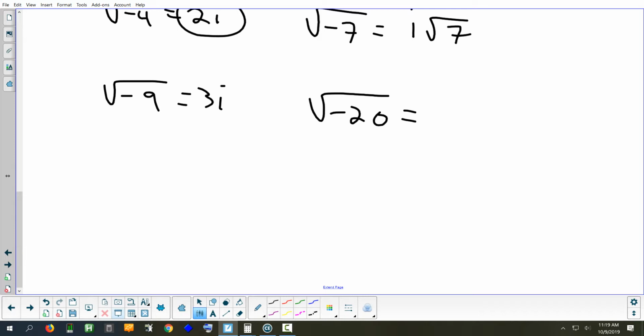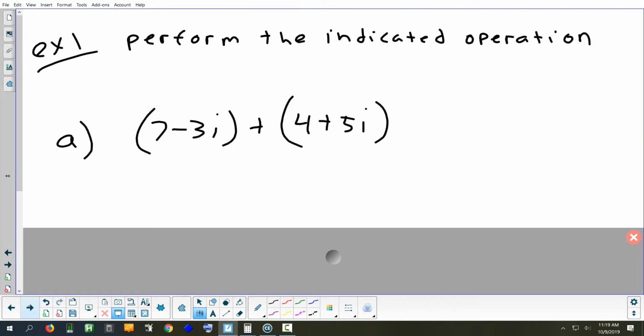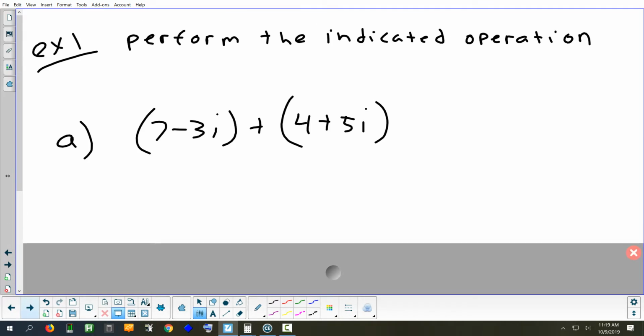So when you combine your like terms here, Zach, what are you going to get for a real number? You get 11. And what am I going to get for an imaginary? Yep, 2i. And that's it. So you can combine real numbers with reals and imaginaries with imaginaries. Okay. Any question on that?